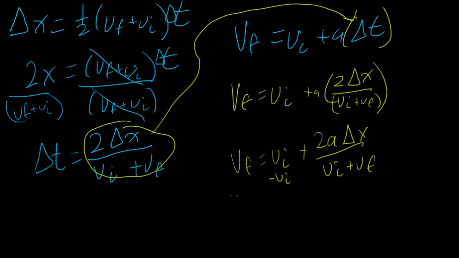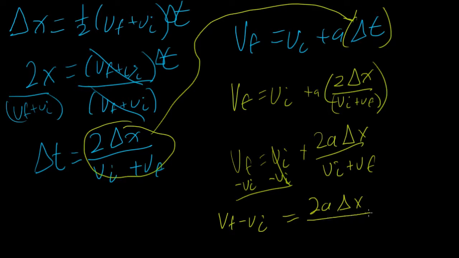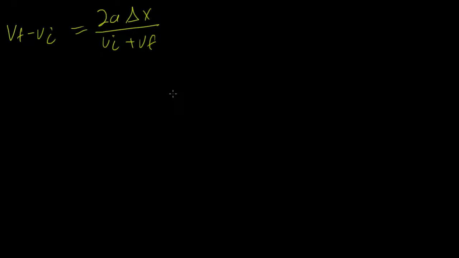Subtract vi from both sides. It cancels, so we get vf minus vi equals 2a delta x over vi plus vf. Okay, I'm going to clean this up. So here we are, we've got this formula. Let's multiply both sides of this equation by vi plus vf.